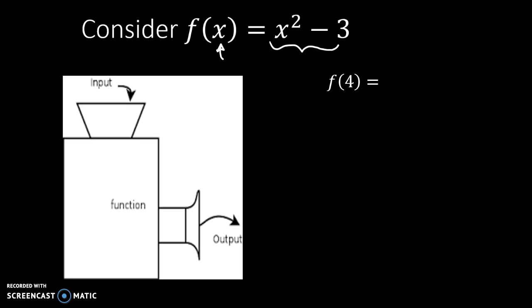So if I input a 4, then what I want to come out of the machine would be 4 squared minus 3, or thinking order of operations, exponents first, 16 minus 3, or 13. So every time I input a 4 into this machine, I should get a 13 to come out of the machine. The machine has to work the same for everybody if I use the same input.